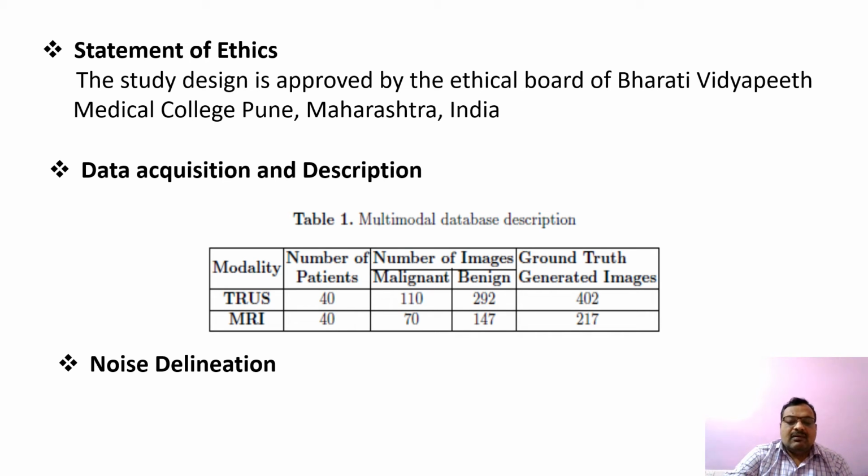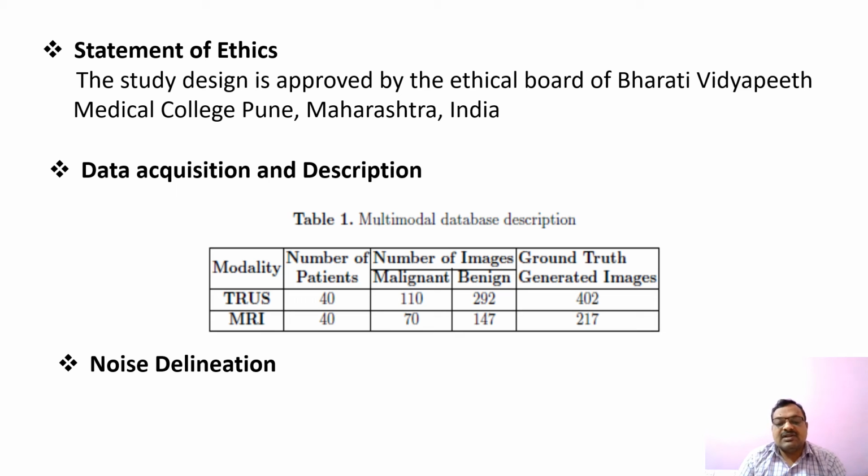The most important point is noise elimination. The TRUS images are affected by speckle and motion noise. Reverberation, that is the spatial echo, is introduced in the image signal due to multiple reflections producing delayed echo.